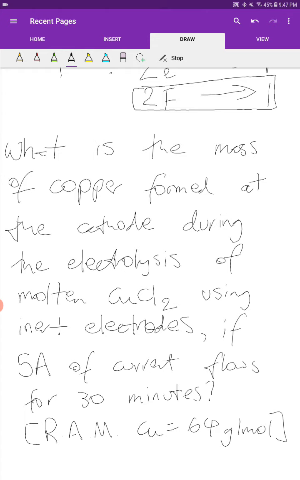Now, this question could also have several previous parts where you could be asked about what is happening during the electrolysis, what you would expect to see, half equations that you're going to have to write, and all that type of stuff.